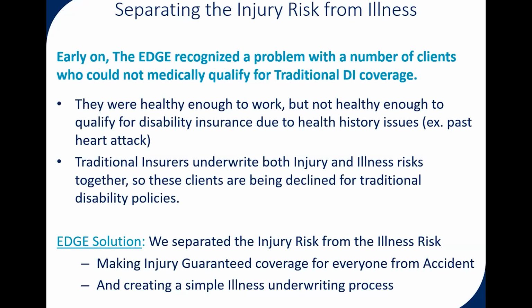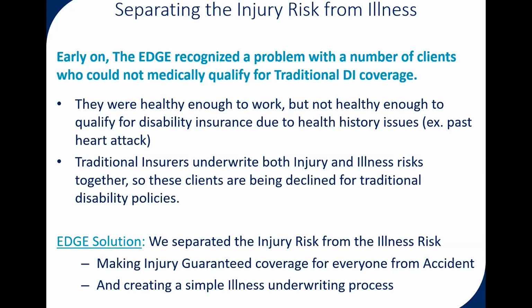It's all or nothing. So what we did many years ago is we separated out, or unbundled, the injury risk from the illness risk. So clients can do one of two things with the Edge. They can buy either an injury only plan, which is guaranteed issue, with no underwriting whatsoever, or they can buy an injury and illness disability program to cover them for injury and illnesses, and the illness goes to underwriting.